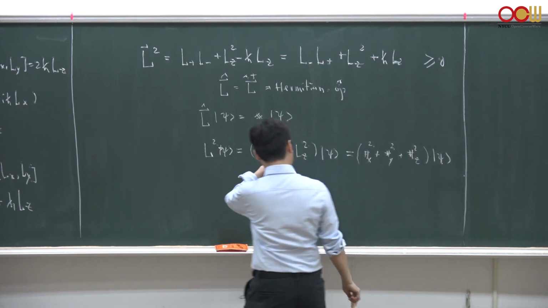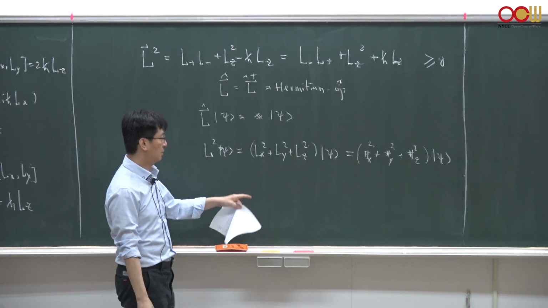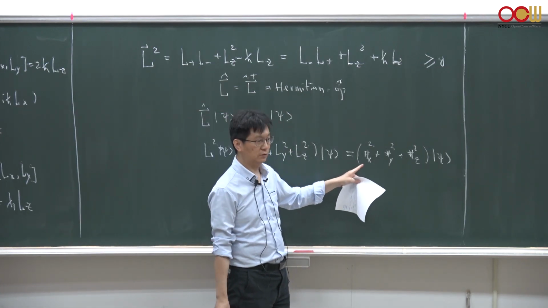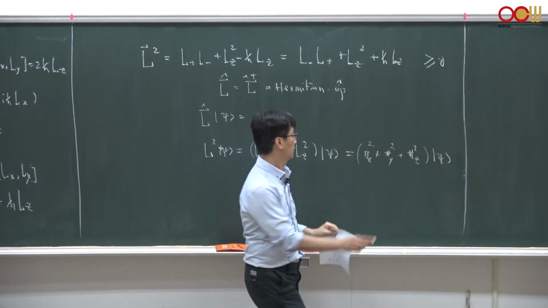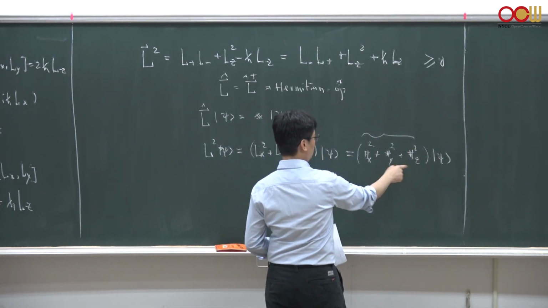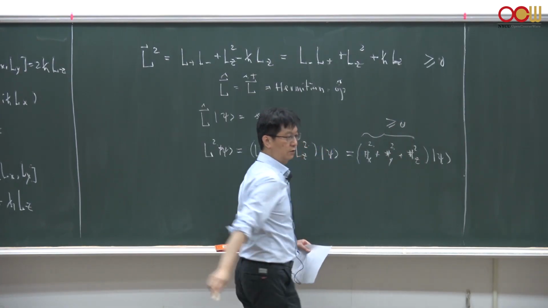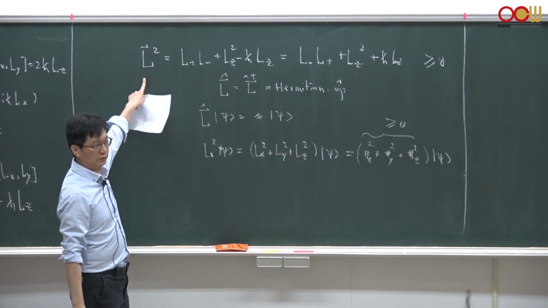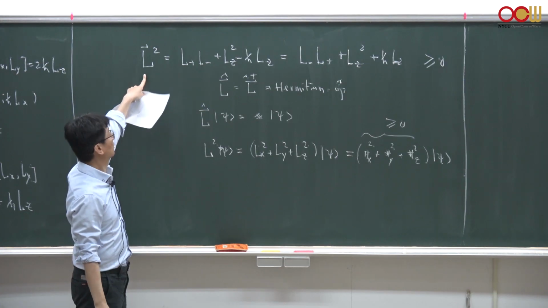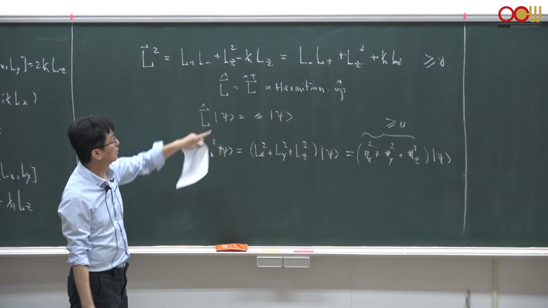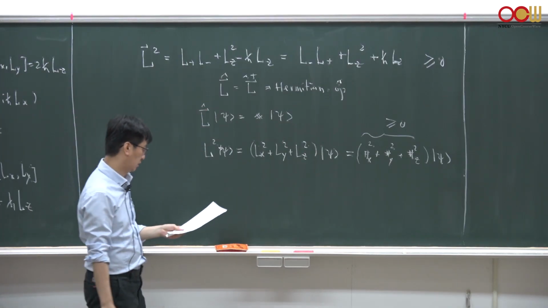Okay? As a result, you actually have the sum of three squares of real-valued numbers, and the sum of the three numbers should be positive or 0. So we will use this condition later, that the eigenvalues for L squared must be greater than or equal to 0.